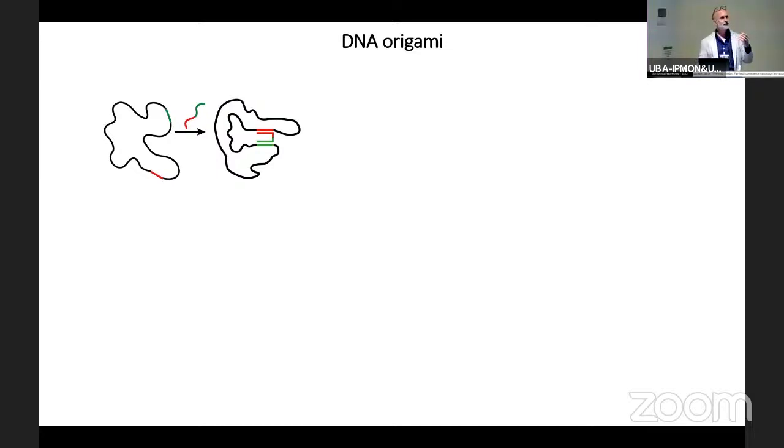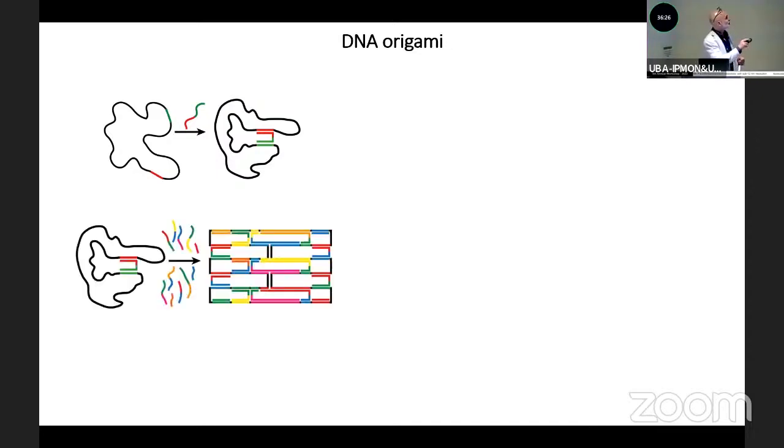But now if you do this hundreds of times, with hundreds of small oligonucleotides with the right sequence, then you can fold this long single-stranded DNA chain into a predefined geometry. This is possible by design, by using the specificity of DNA.